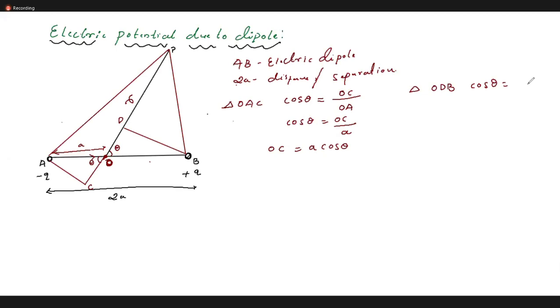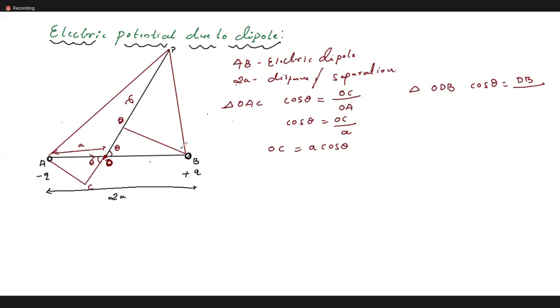Now tell me cos of theta from this triangle. Adjacent by hypotenuse. Let me write it as BD or DB.